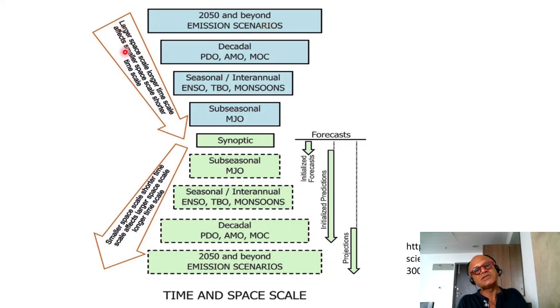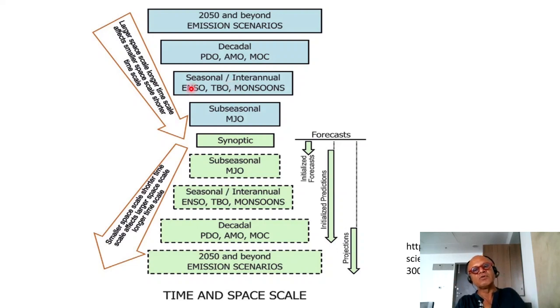So larger space scale, longer time scale affects smaller space scale and shorter time scale in this continuum of multi-scale interactions. You have natural modes like the Pacific Decadal Oscillation, Atlantic Multi-decadal Oscillation, meridional overturning circulation, which we have not introduced yet in this course, but it is something we will visit. Seasonal and interannual, so what happens at seasonal time scales and year-to-year time scale.